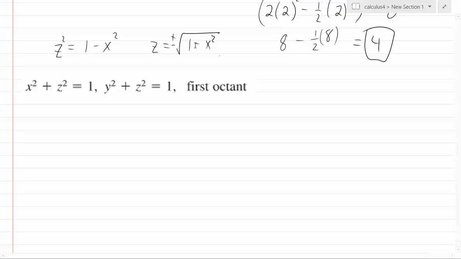And then very similarly, we would have z equals plus or minus the square root of 1 minus y squared.